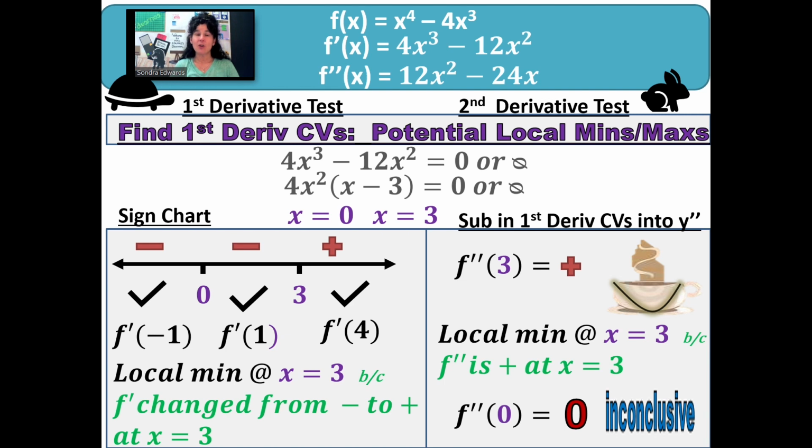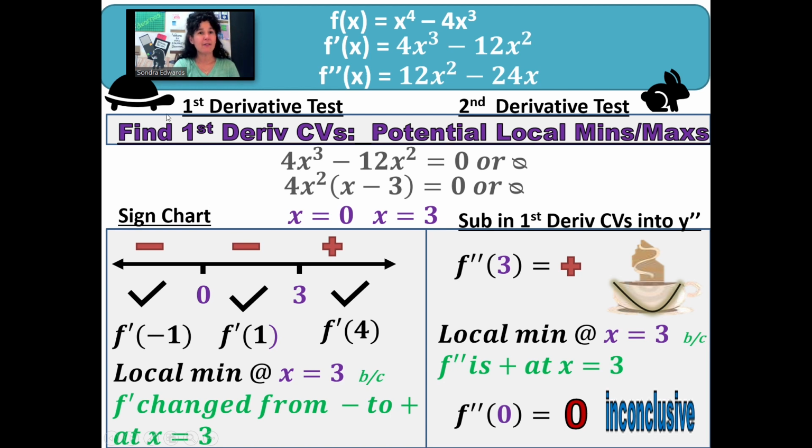It just means that we don't know. So we have to return to the first derivative test. So if I went back to the first derivative test, I can tell, it was redundant since we did them side by side, that the sign did not change at 0, so it is not a local min or a local max.